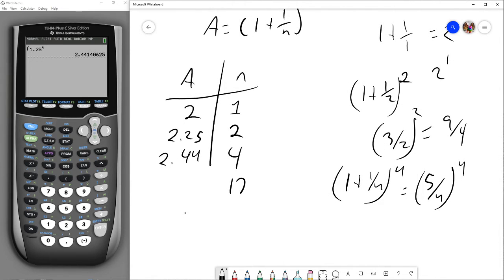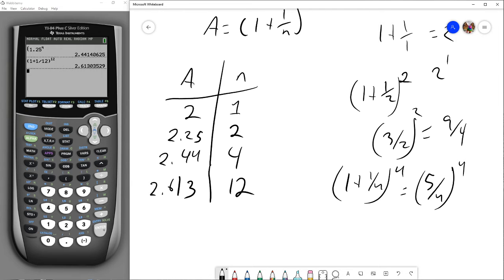Let's go crazy. Let's do 12. What does that do? So 1 plus 1 over 12 to the 12. We'll just use a calculator now. All right, we are still increasing. We have 2.61.